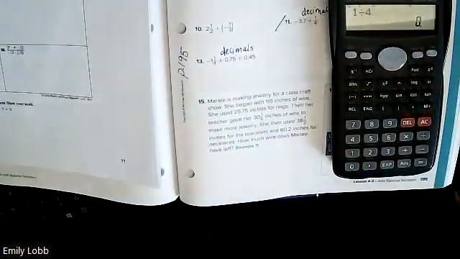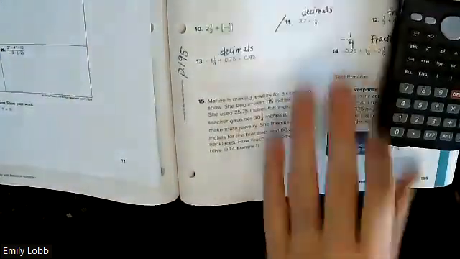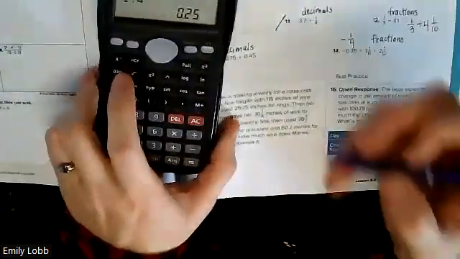Remember, that's what that fraction bar means, is divided by. And we get 0.25.